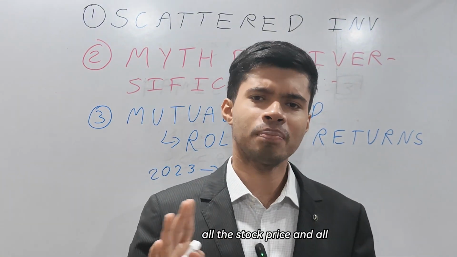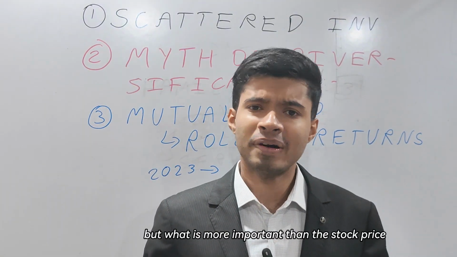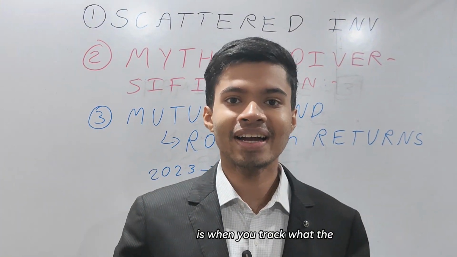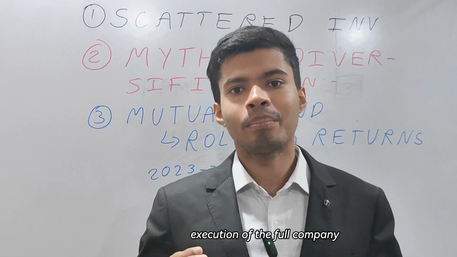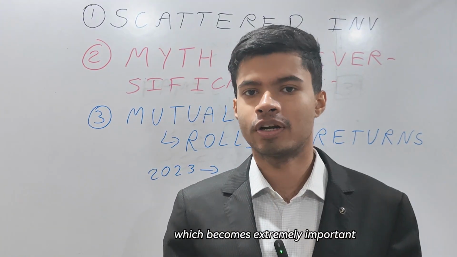And see, all the stock price and all, when the right time comes, everything will happen. But what is more important than the stock price is when you track what the execution of the full company has done in the particular years, which becomes extremely important.